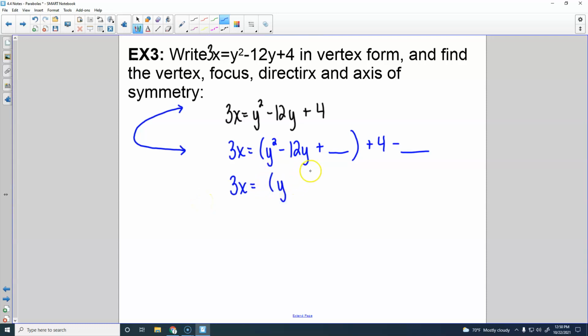What number is going to go in my parentheses here? 6, so minus 6. What number do I add up here? 36. What number do I subtract over here? Again, a 36. You didn't factor out any numbers there, so it ends up just being the same number on this one. And so 4 minus 36 is going to give me negative 32.